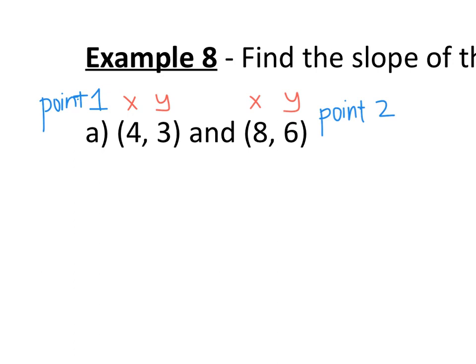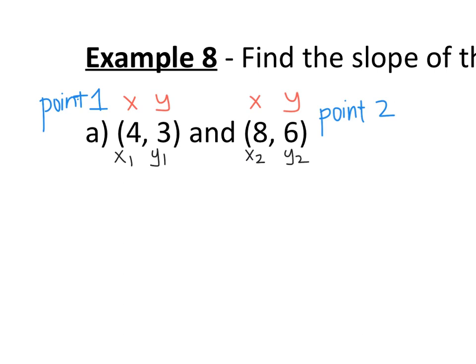If I'm calling point 4, 3 point 1, then I'm going to call this my x1 value, and this is going to be my y1 value, because they are x and y values that come from point 1. If I look over at my second coordinate point, 8 would be my x2 value, and 6 would be my y2 value.